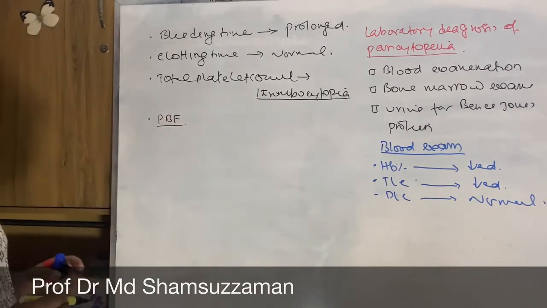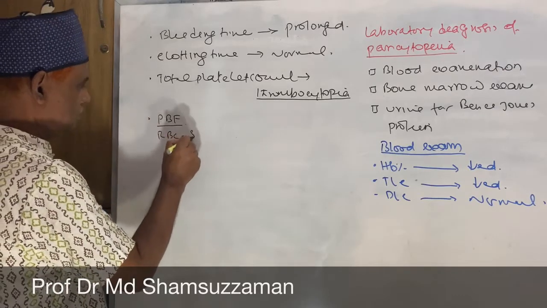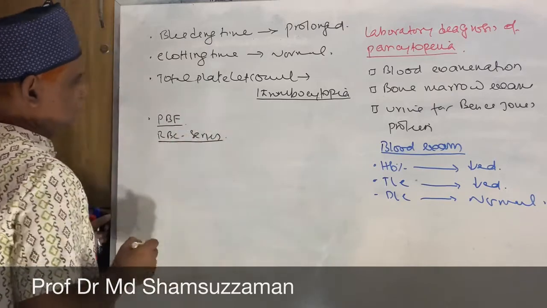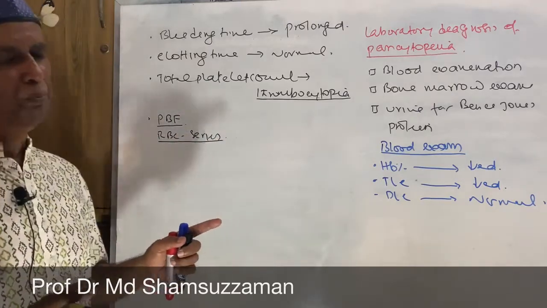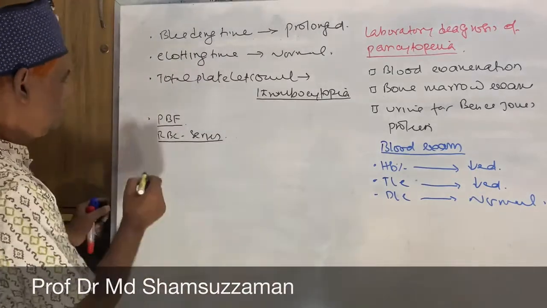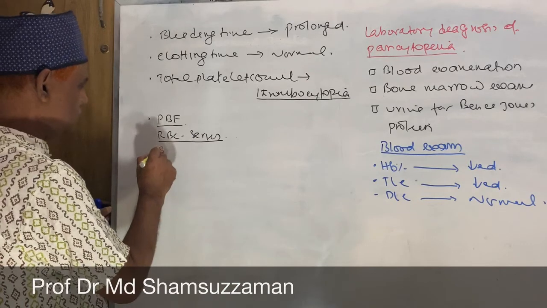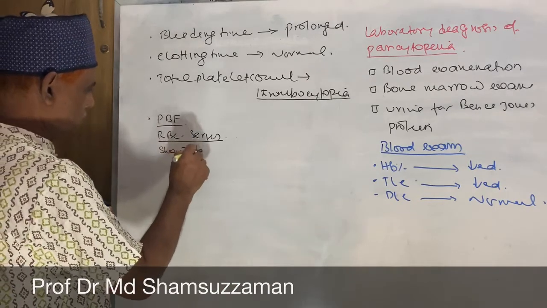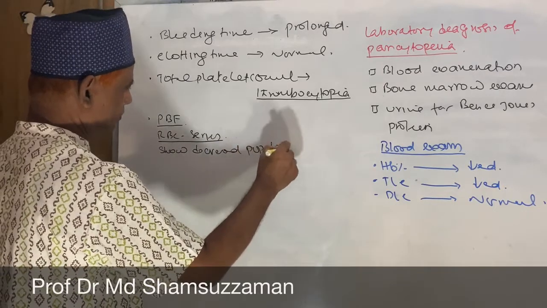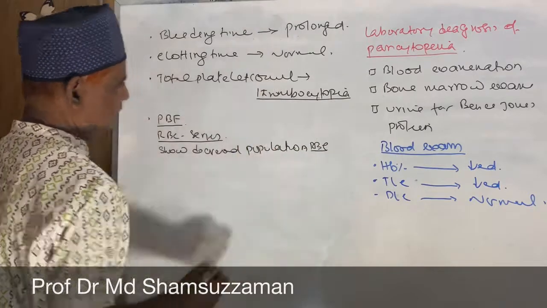What will be peripheral blood findings? RBC series. As in Pancytopenia, RBC, WBC, platelet all are decreased. So RBC series cells show decreased population of RBC in blood film.